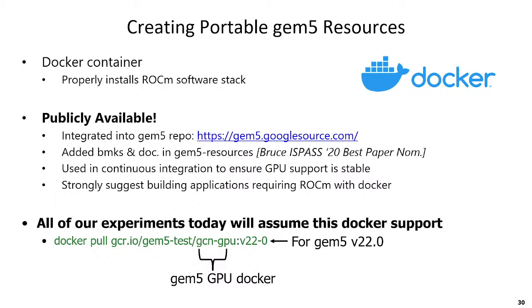And so just to give you a little bit of insight into that command, there's really two key pieces. First, the GCN GPU is telling you to grab the Docker for the gem5 GCN, or Graphics Core Next, GPU model. And then version 22.0 is saying specifically the version for gem5 22.0.